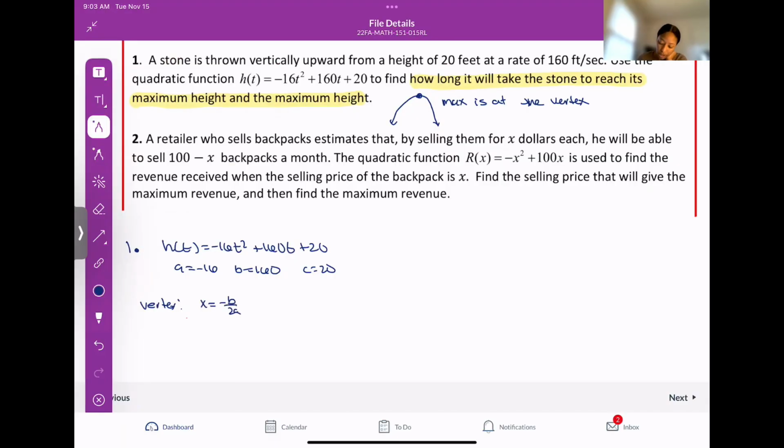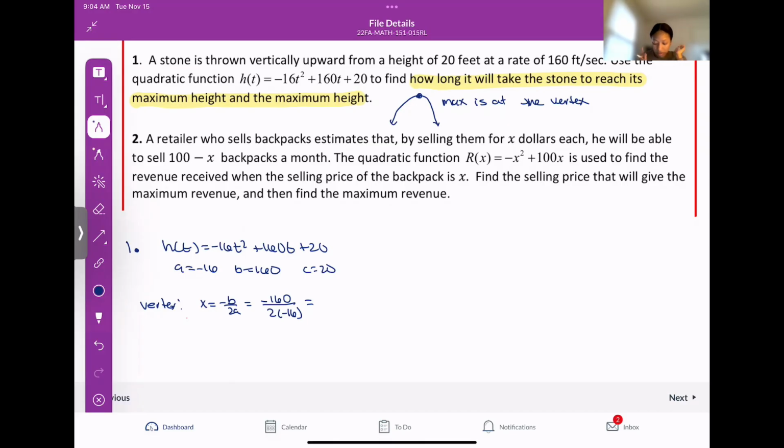That's the x coordinate. So negative 160 over 2 times negative 16. That would be 5. Yeah, because negative 160 divided by negative 16 is 10, and then 10 divided by 2 is 5. All right, so that one isn't too bad to actually calculate.